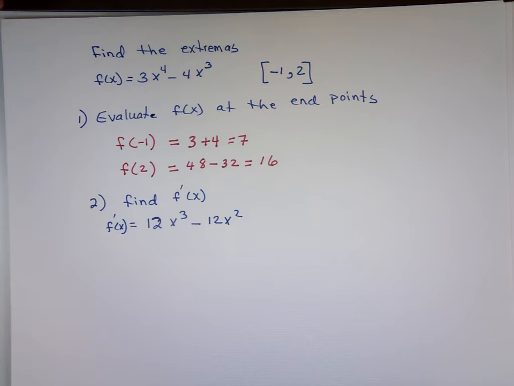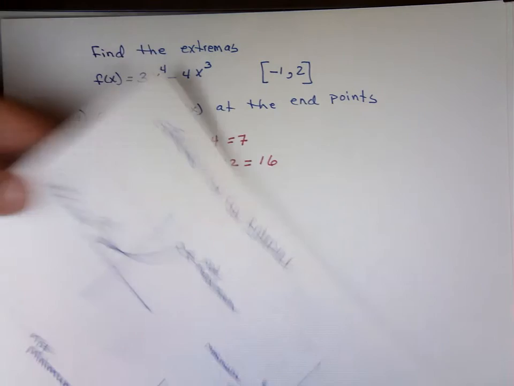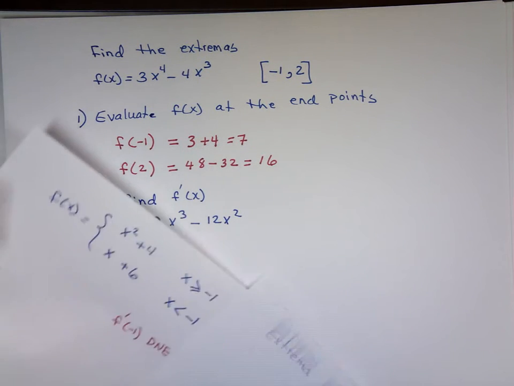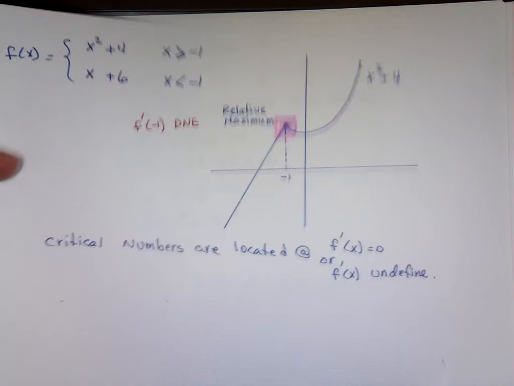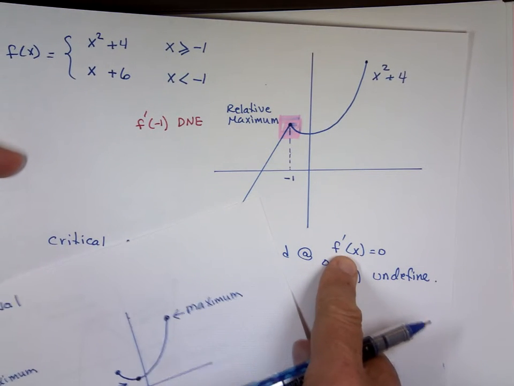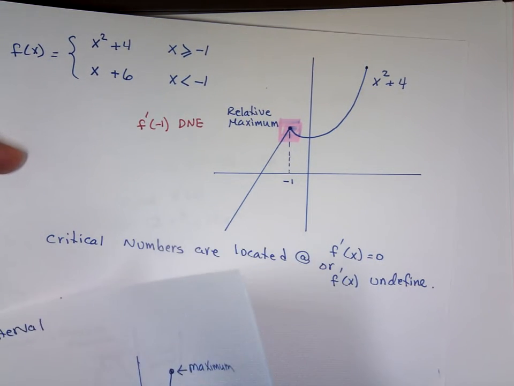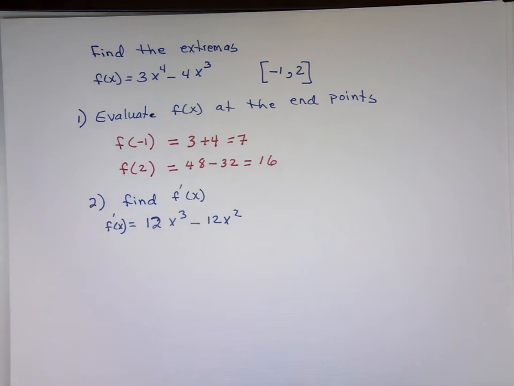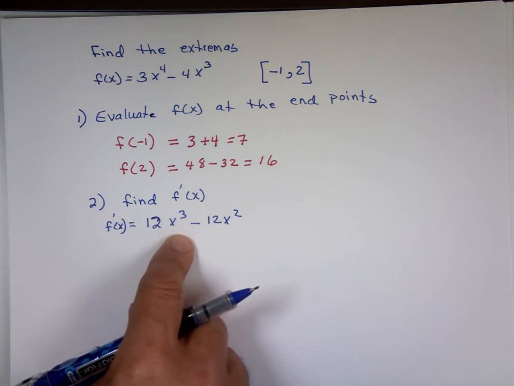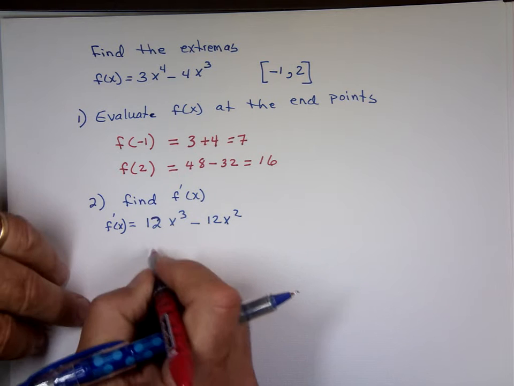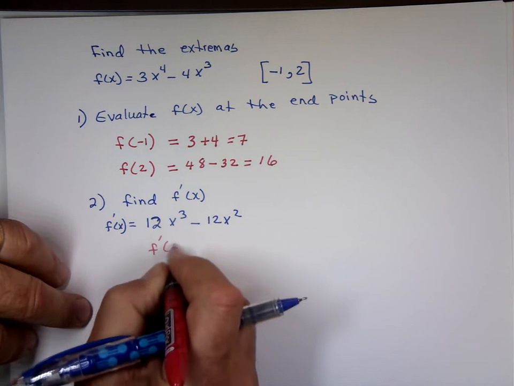Remember what I said a few minutes ago. If you're going to have a min or a max, it's probably where the derivative is 0. So let's set the derivative equal to 0 and solve it for x. This will never be undefined, so I don't have to worry about the undefined. So set f prime of x equal to 0.